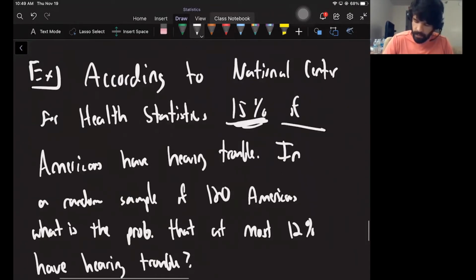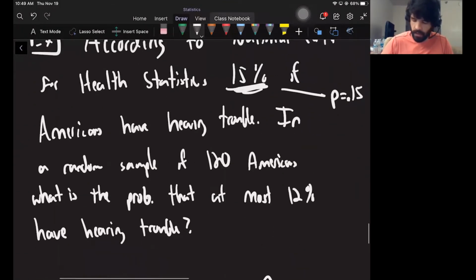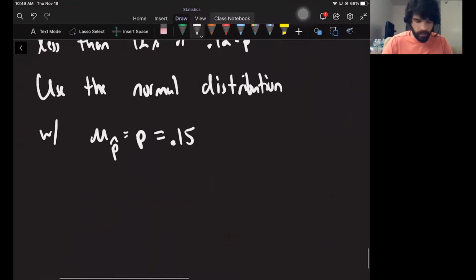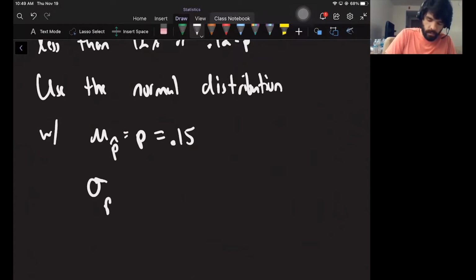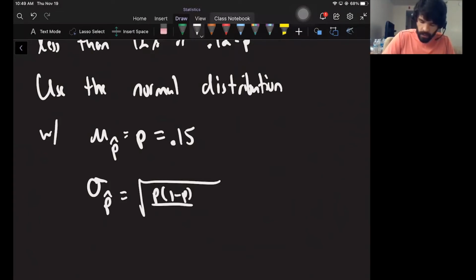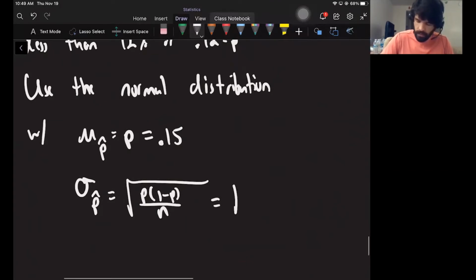This is the population proportion, or at least it's telling you the population proportion is 0.15. And the standard deviation is this slightly more complicated formula. Well, let me write the equation before I use it. So it's P times 1 minus P over N, all under a square root.